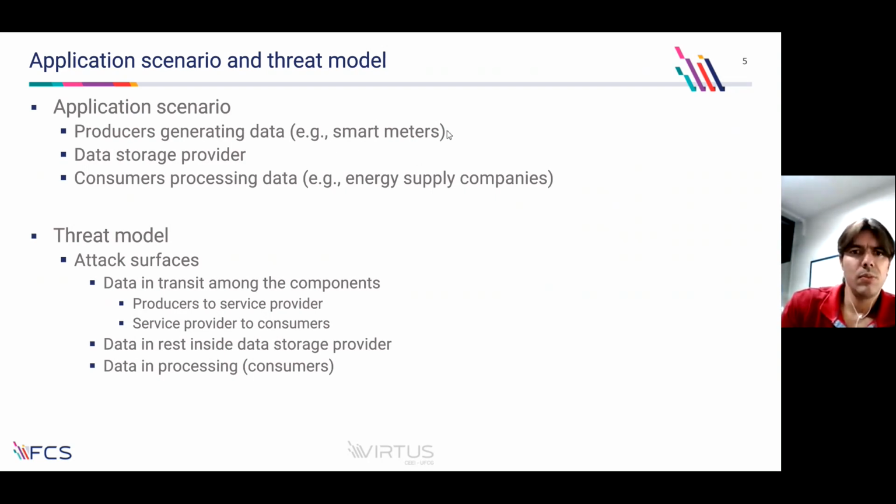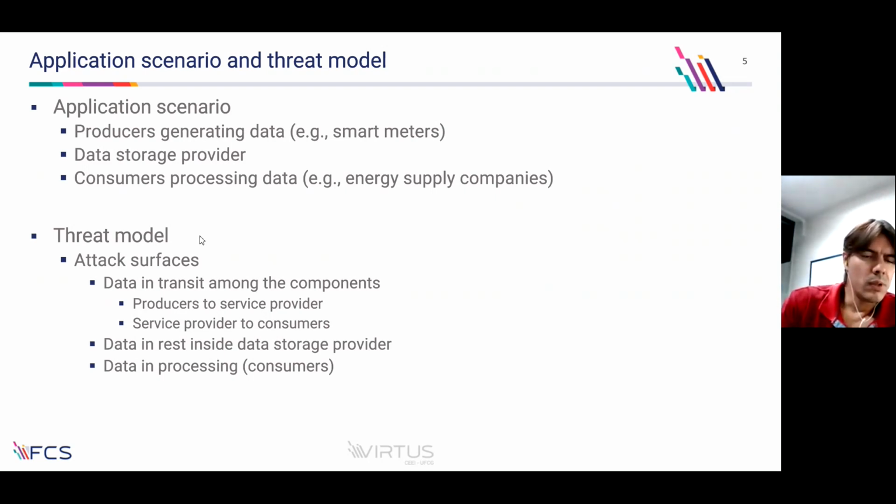So the smart meters would be generating energy consumption data, stored in a data storage provider, and consumers will process this sensitive data. These consumers can be, for instance, energy supply companies. So we have to protect these data to avoid privacy issues, as I said before.